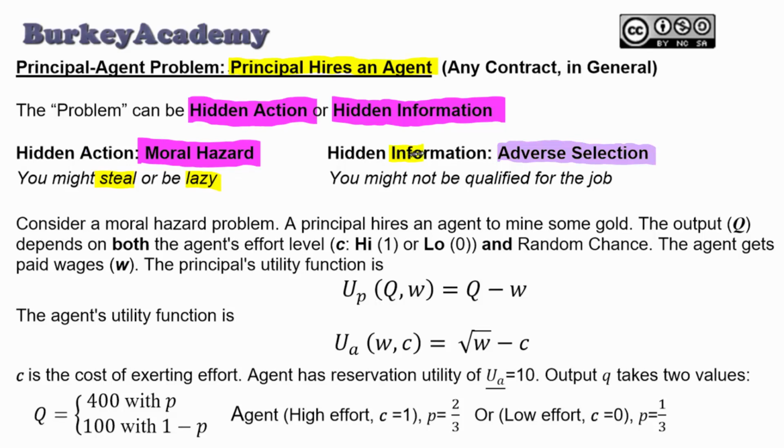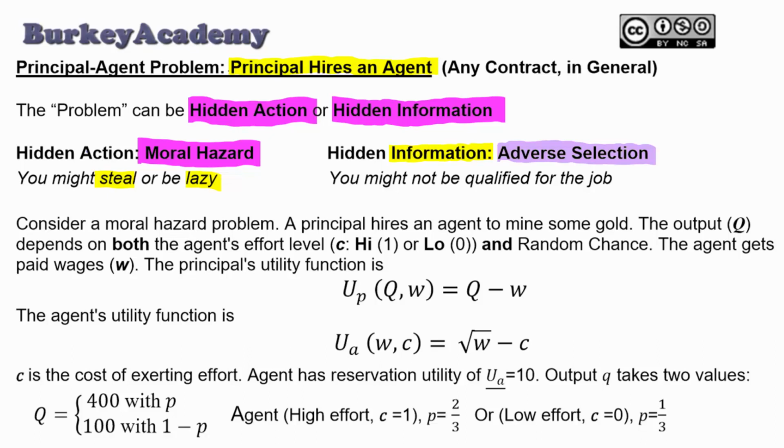There's some information about this person that is hidden. We might not be able to tell if this person has the right skills or abilities or intelligence to do the job that I need them to do. That's something that only the agent, the person I'm trying to hire, would know.